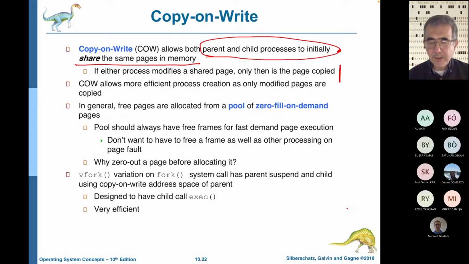But when the write instructions are executed in that memory, then suddenly they should be separated, because child and parent will be doing different things, so the code should be separated. So only modified pages are copied. Unmodified pages are shared between parent and child processes, and we call it copy on write.